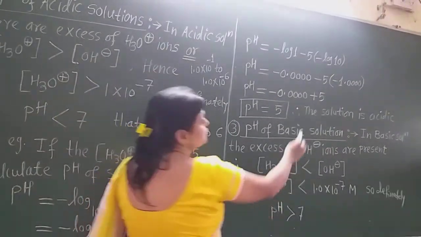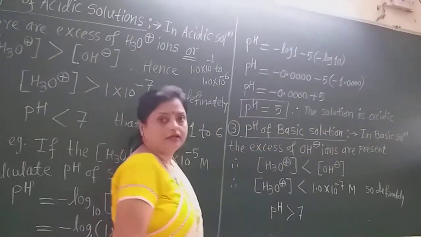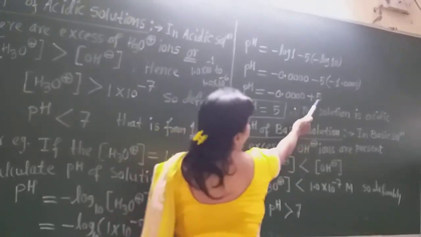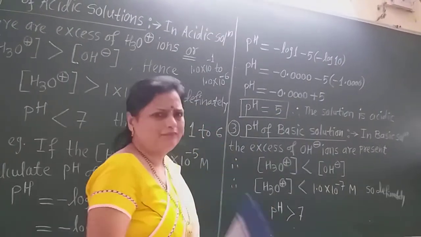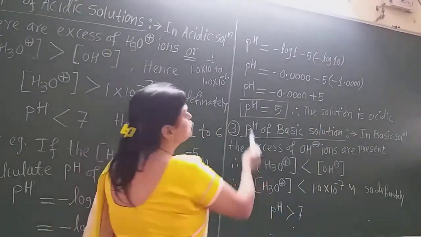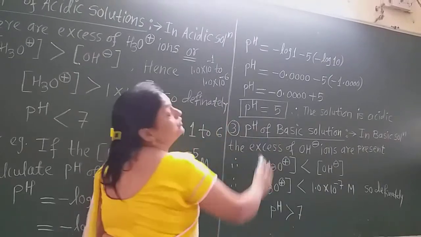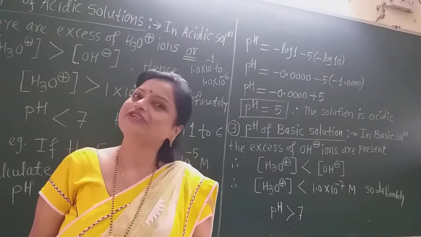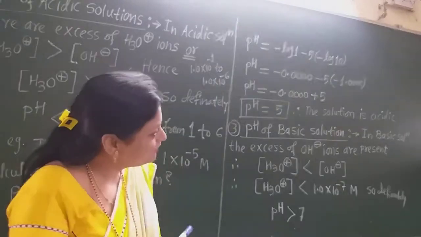Now minus 5 into minus 1 becomes plus 5, and the 0 is as it is but has no value, so the pH of the solution is 5. As the pH is less than 7, the solution is definitely acidic in nature.